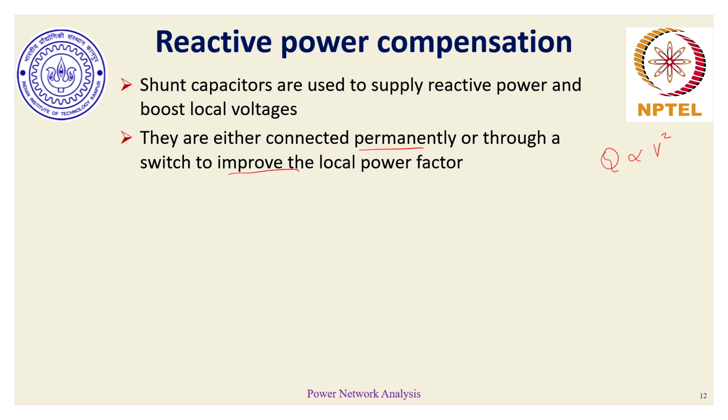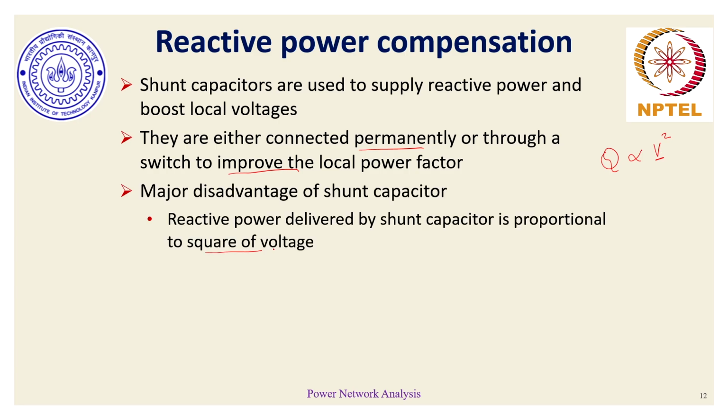So if the line is heavily loaded and the receiving end voltage is already lower, we expect that by connecting a shunt capacitor, the reactive power at the receiving end would go up. But the same reactive power is proportional to the lower voltage square present at the receiving end, which means that the reactive power is proportional to the square of the voltage.